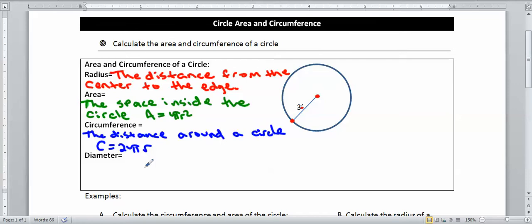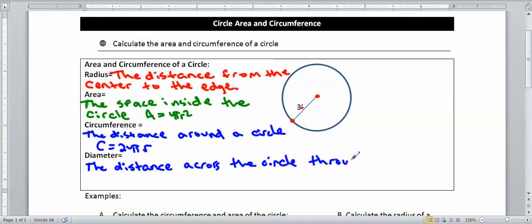Okay, so the next thing you have to know is that the diameter is the distance across the circle through the center. So if I wanted to extend this to be a diameter, I would take it from my center and just extend my radius out to the other side of the circle.